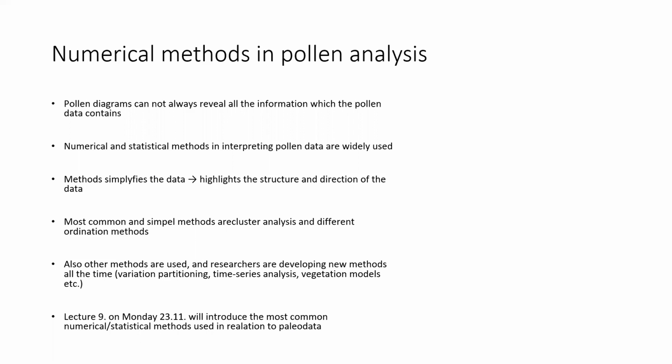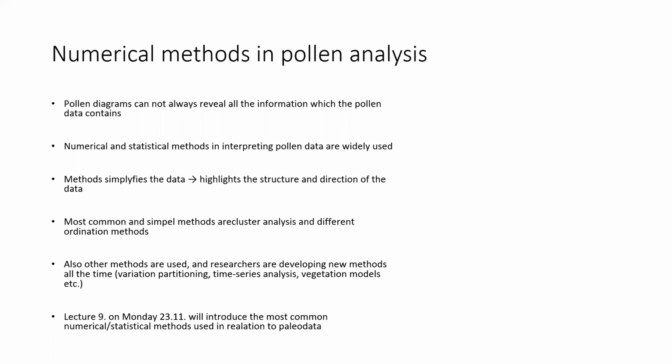Most commonly, for example, cluster analysis is used to make the zonation, or different ordination methods. There are also more and more methods used in modern ecology that are used in pollen analysis, especially looking at changes and relations in the pollen data, or for example the drivers of change in the pollen record.